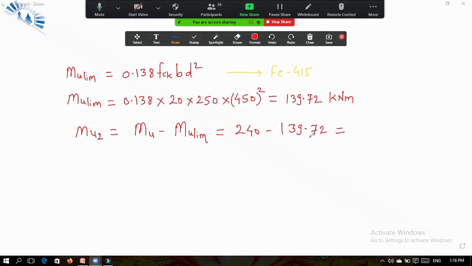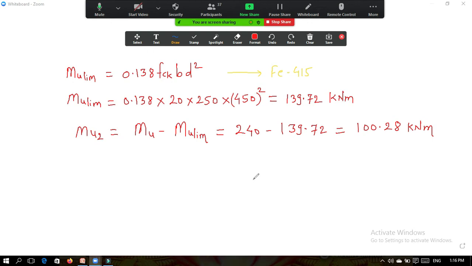So solve it and let me know the answer. 100.28. Okay, so it is 100.28 kilonewton meter. This is the value for Mu2.